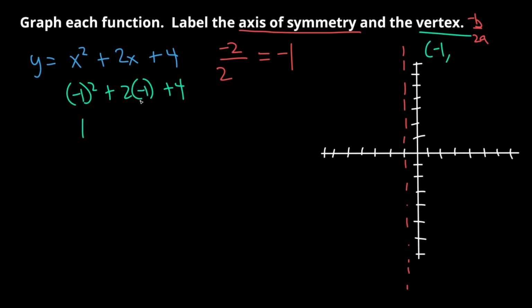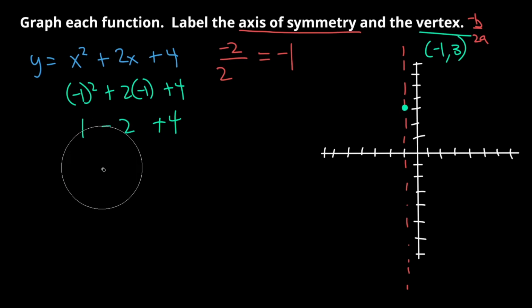So this is plus negative 2, or we can just say minus 2. We have plus 4. 1 minus 2 is negative 1. Plus 4 is a positive 3. We get a positive 3 here. That means our vertex is negative 1, positive 3.